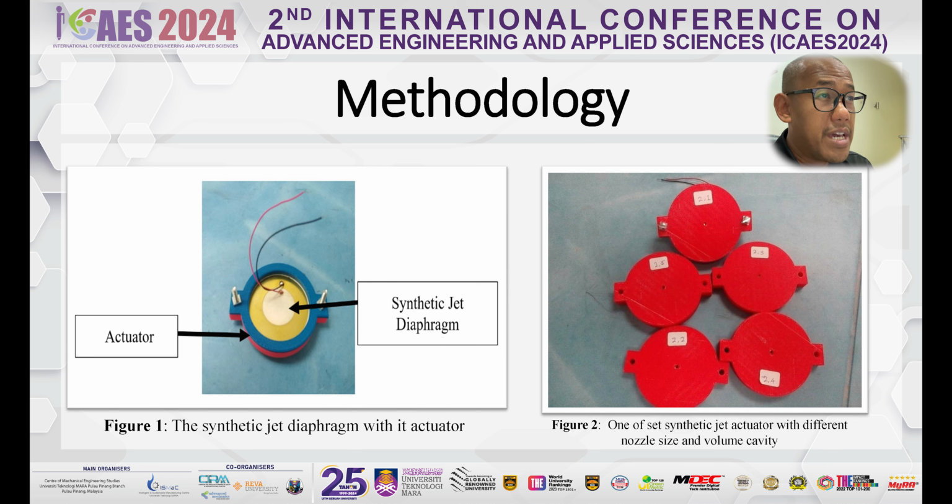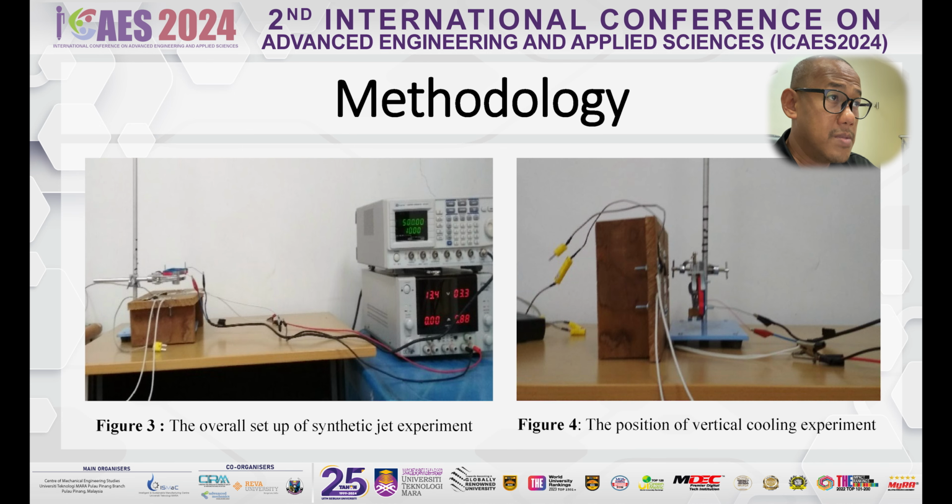The synthetic jet diaphragm was integrated into the body of the tool using synthetic jet actuators. The tool was designed with an adjustable tube, allowing for variations in size to accommodate different liquid volumes. The nozzle of the tool could be adjusted between 2 mm and 10 mm in diameter, while the hollow depth ranged from 1 mm to 5 mm.